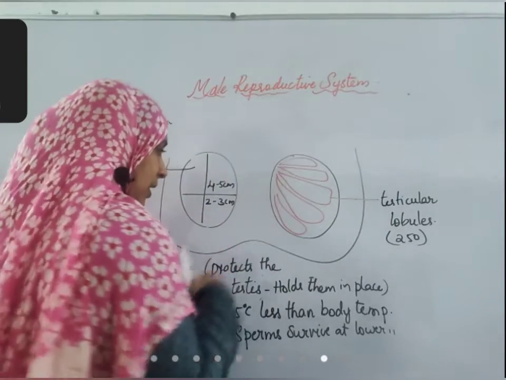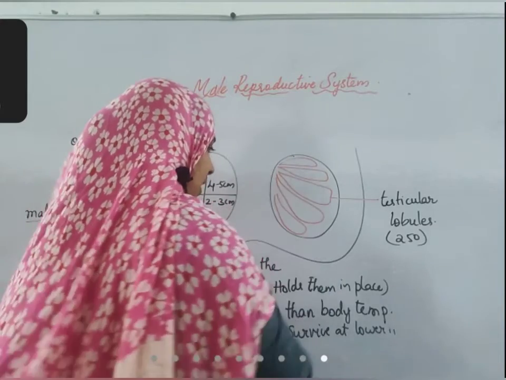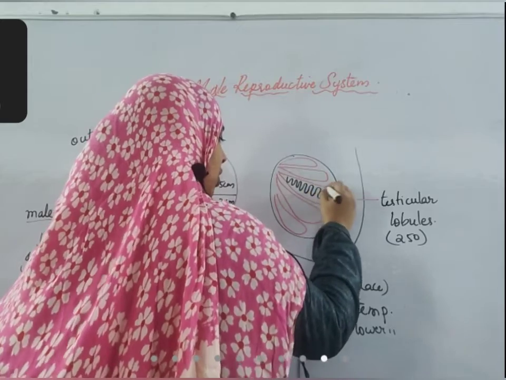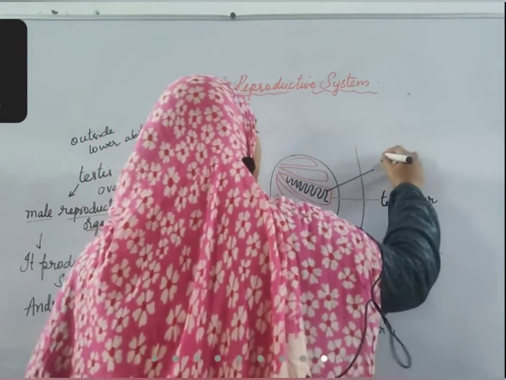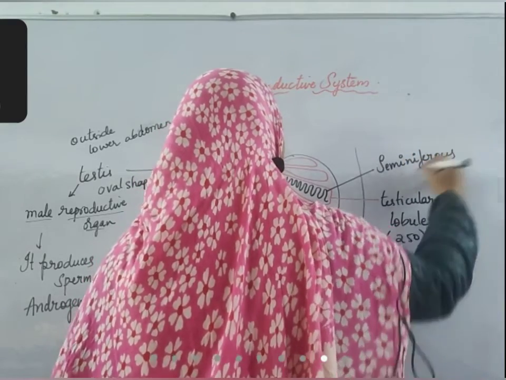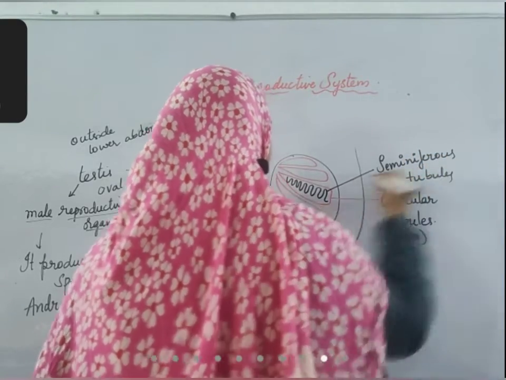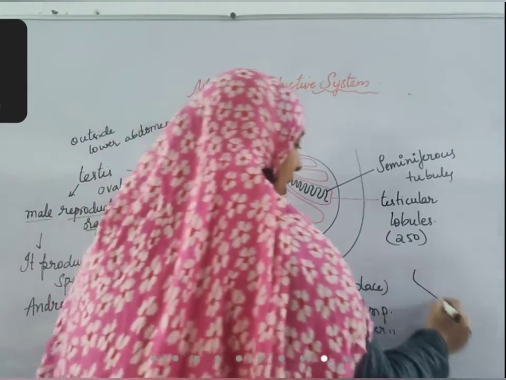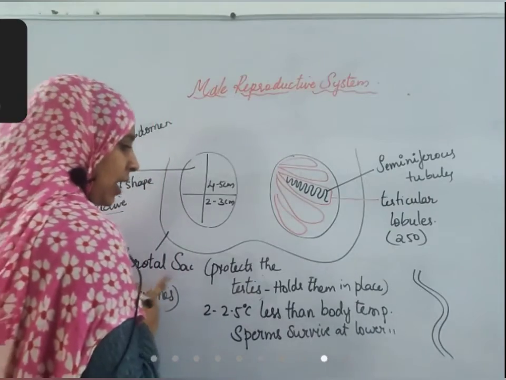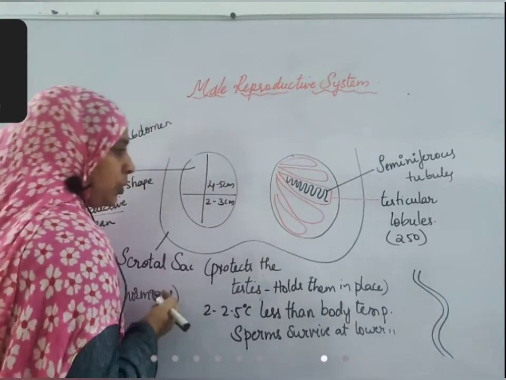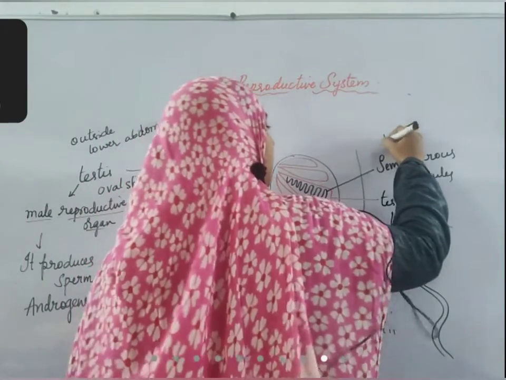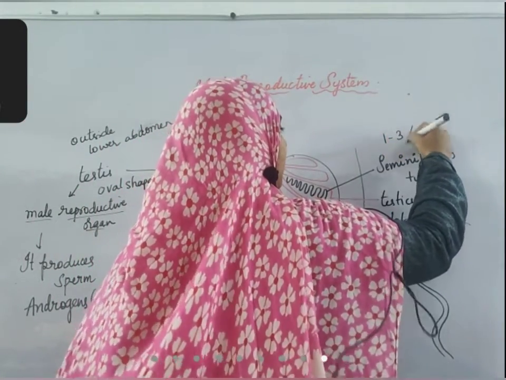Inside this, what is present? There are small tubules called seminiferous tubules. Inside space is less. I drew only one line, but they are actually tubules. How many tubules are present per lobule? From 1 to 3 per lobule.